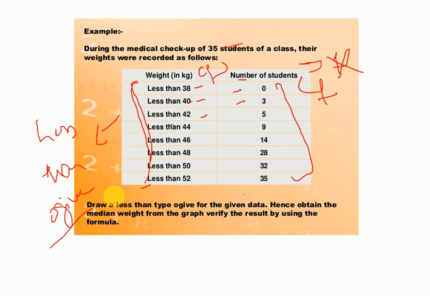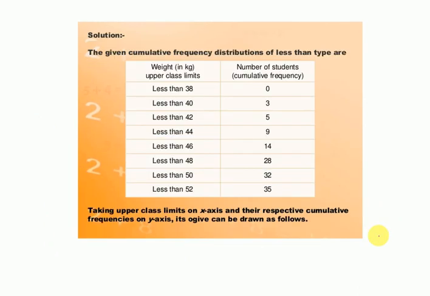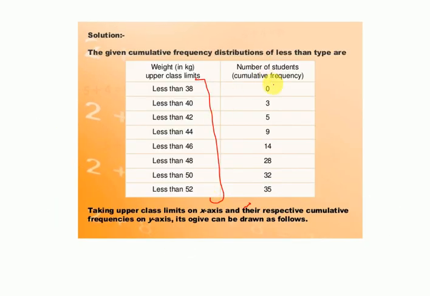So it is saying that first you have to draw the less than type ogive, and then you have to find the median from that graph only. So we'll see how we'll find it. First of all, it was given in our question, and this is our CF, not F. Here you can see we are given the less than.